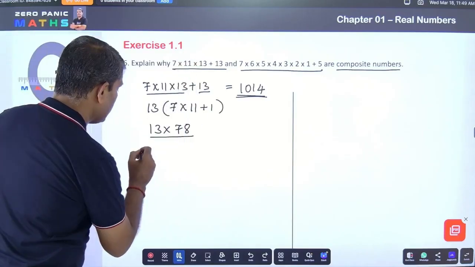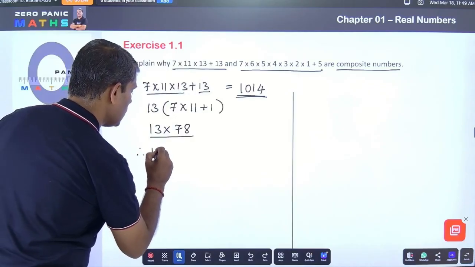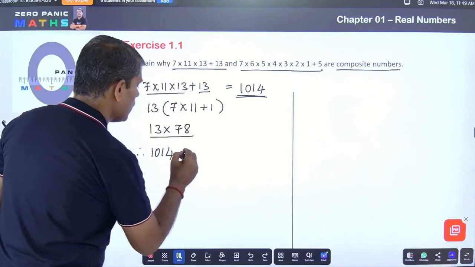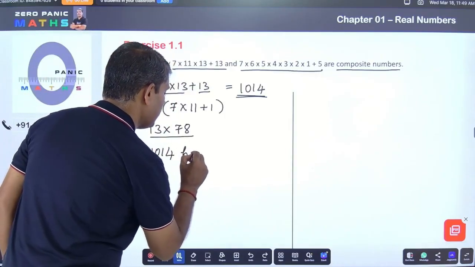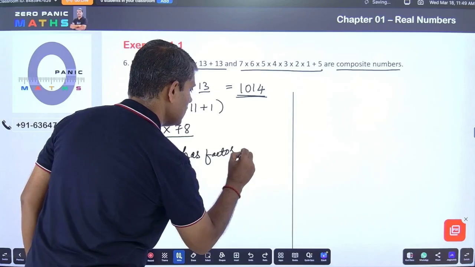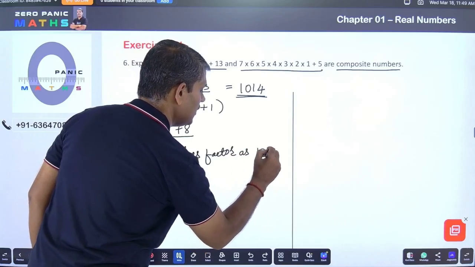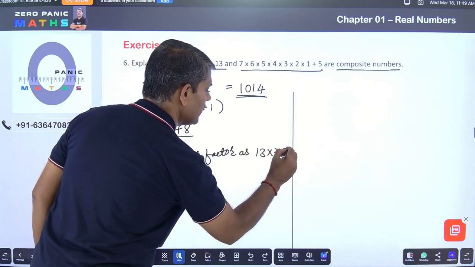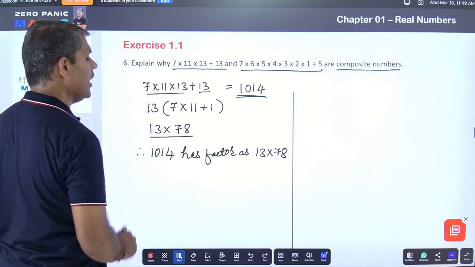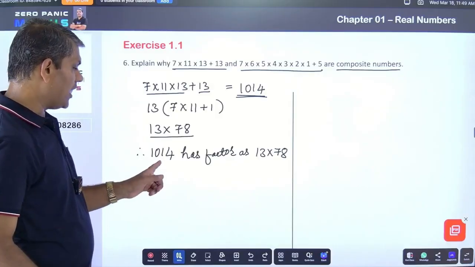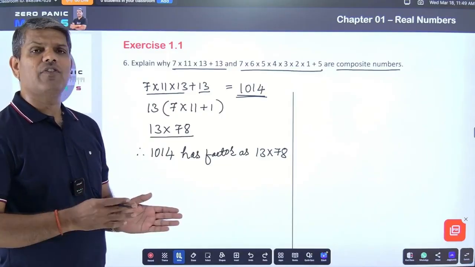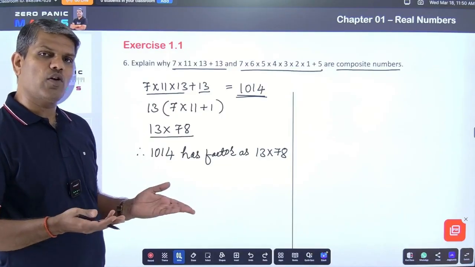So 1014 has the factors 13 multiplied by 78. You can say 13 and 78 are two other factors other than 1 and itself. So any number that has factors other than 1 and itself is a composite number.